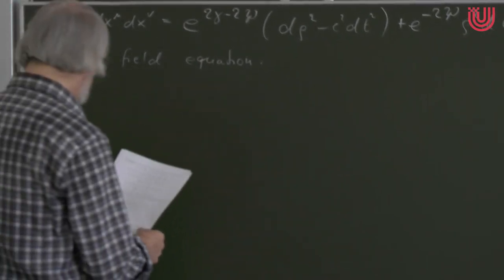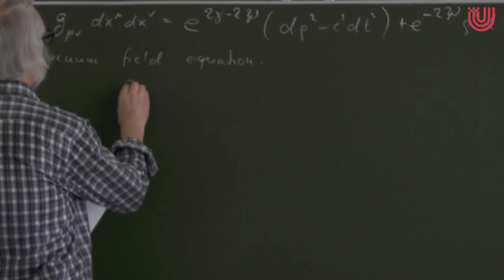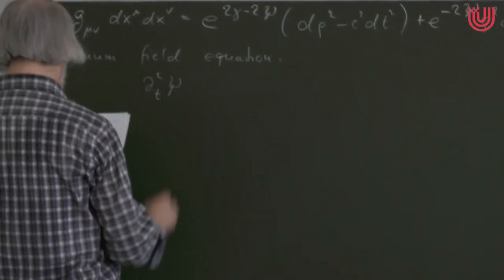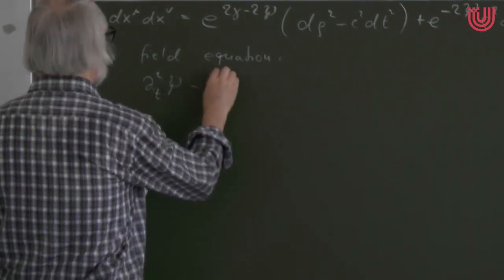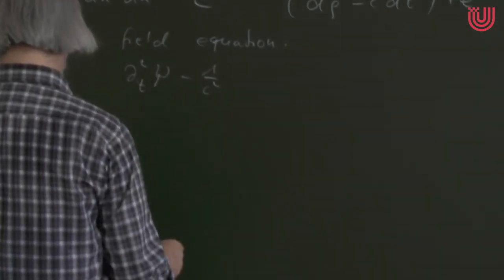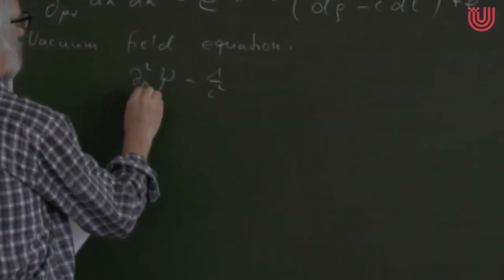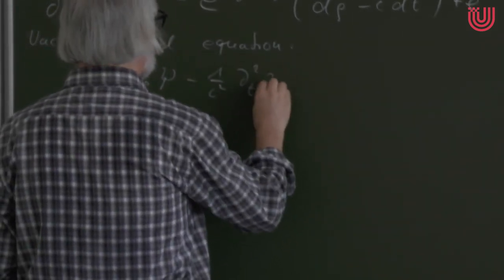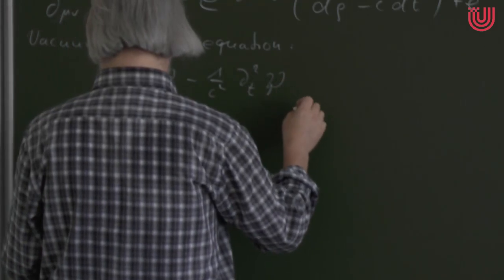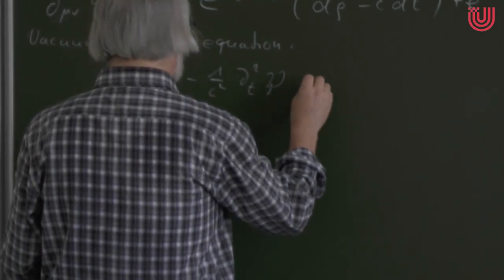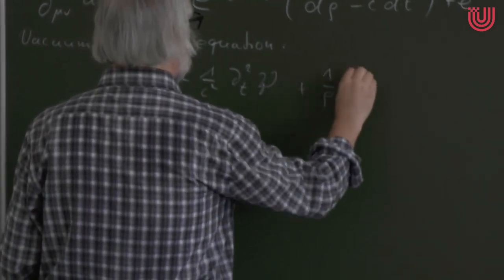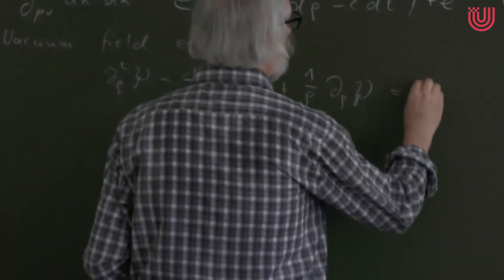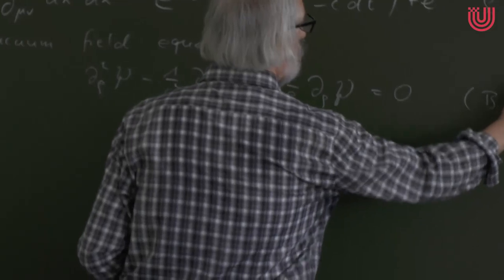It's 0 equals 0. B2 is the second time derivative of psi minus 1 over c squared, oh, that's a rho, sorry, dt squared of psi plus 1 over rho d rho psi is 0. That's B2 prime.